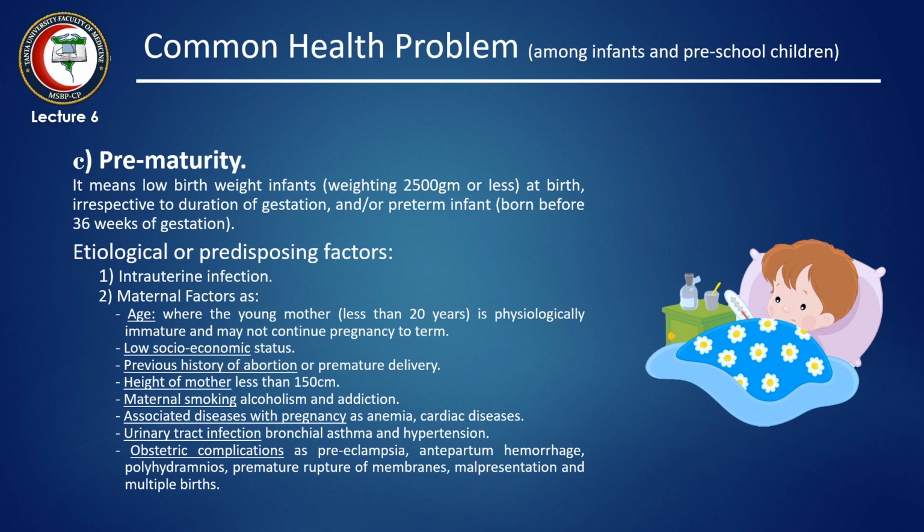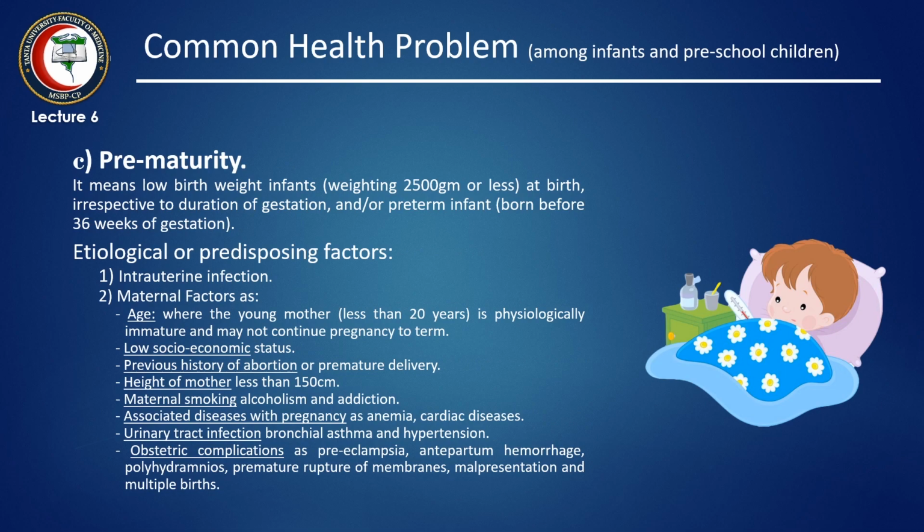Also, some habits may affect prematurity, and these include maternal smoking, alcoholism, drug addiction or psychoactive drug abuse. Besides, diseases associated with pregnancy, including anemia, cardiac disease, urinary tract infection, bronchial asthma, and hypertension.